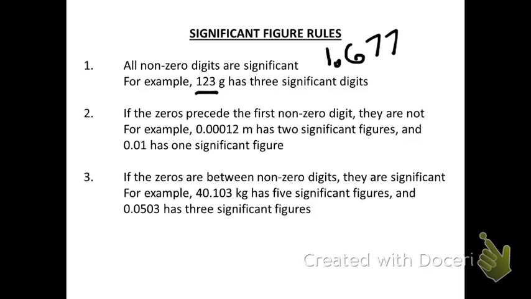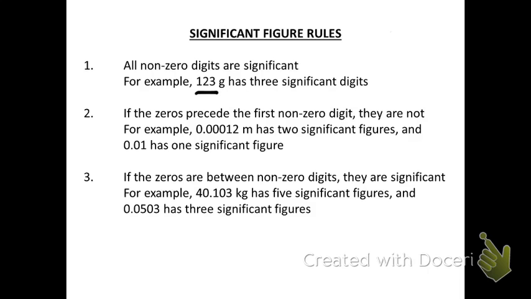Because all these digits are non-zero digits, all 4 of them are significant. So this would have 4 sig figs in my answer. Alright? So rule number 1 is pretty simple.